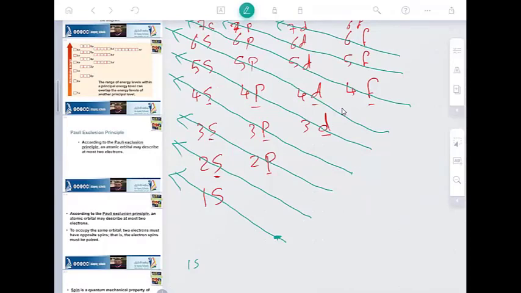Quickly, please. 3? No, 3 is the number of orbitals. I'm talking about electrons now. s carries 2 electrons, but p can carry 6 electrons. What about d? How many electrons can it carry? 10.